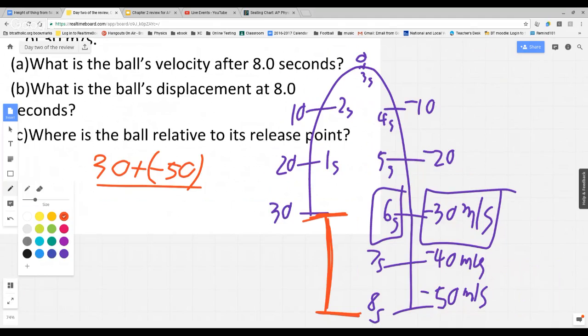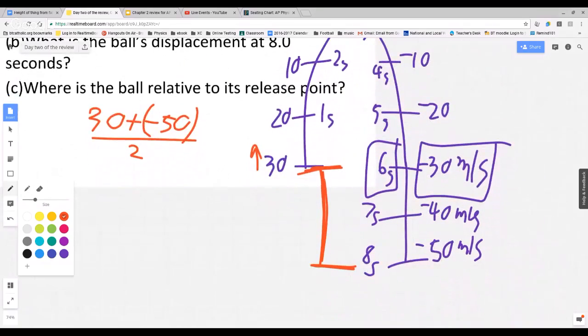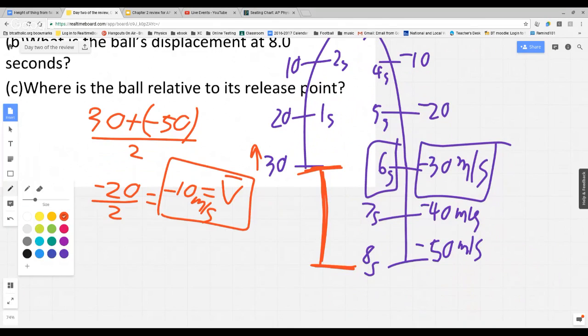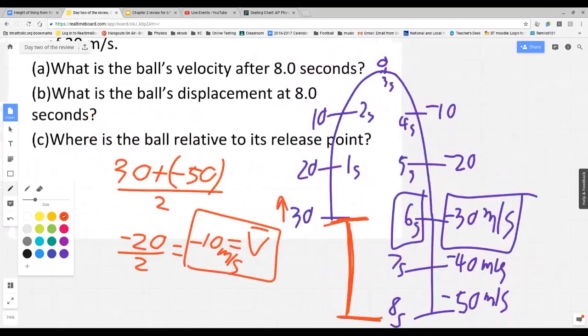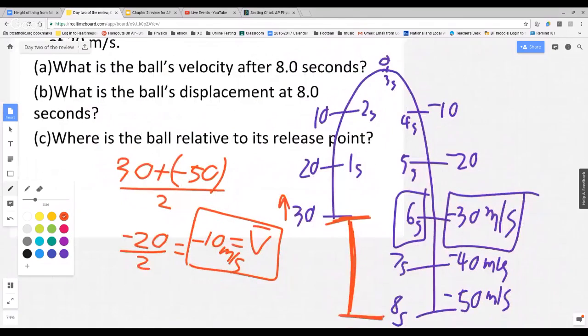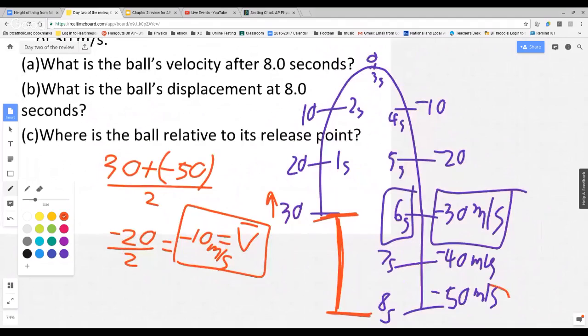That's going up, that's positive 30. So this top part is all divided by 2: negative 20 divided by 2 equals negative 10 equals V average, meters per second. That's not the answer. Does it ask for the average? No. All right, well, A is this.